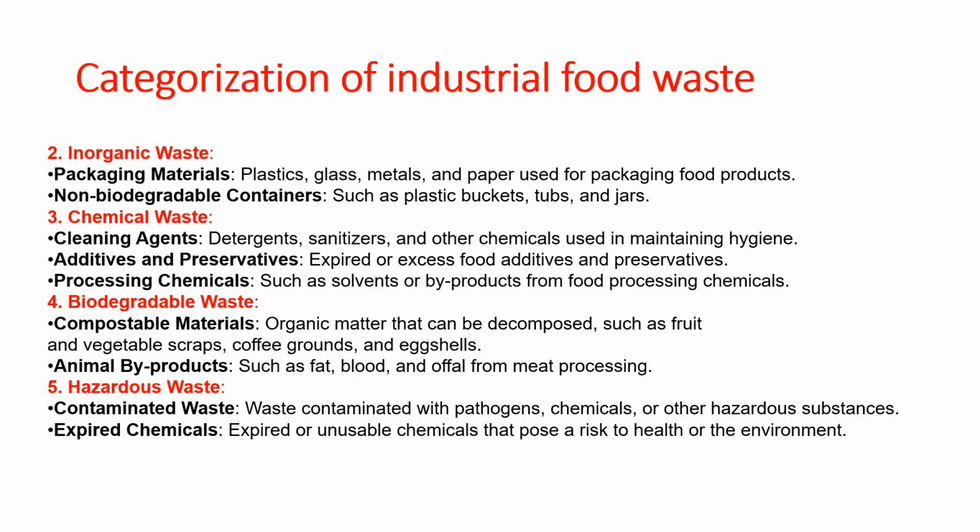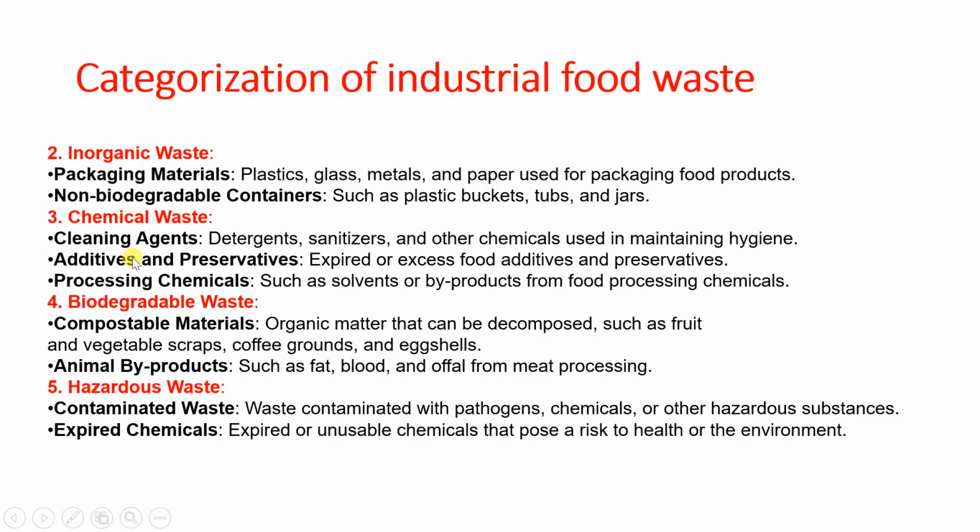Another categorization of industrial food waste is inorganic waste, such as packaging materials and non-biodegradable containers, such as plastic buckets, tubs, and jars. We also have chemical waste, such as cleaning agents, additives, preservatives, and processing chemicals, for example solvents or byproducts from food processing chemicals.